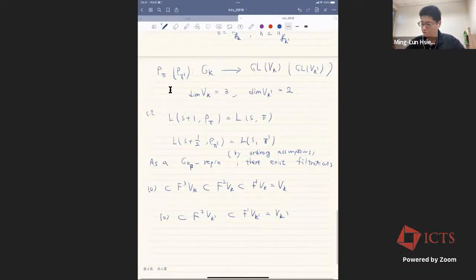Such that the graded pieces are sub G_{K_p} representations. These are all Hodge-Tate representations, and we can talk about the Hodge-Tate weights of each graded piece.